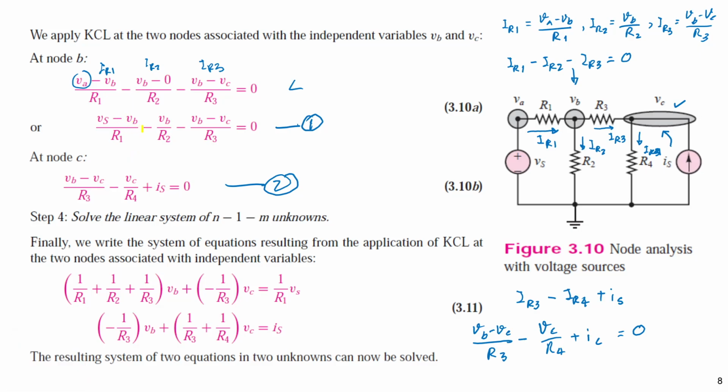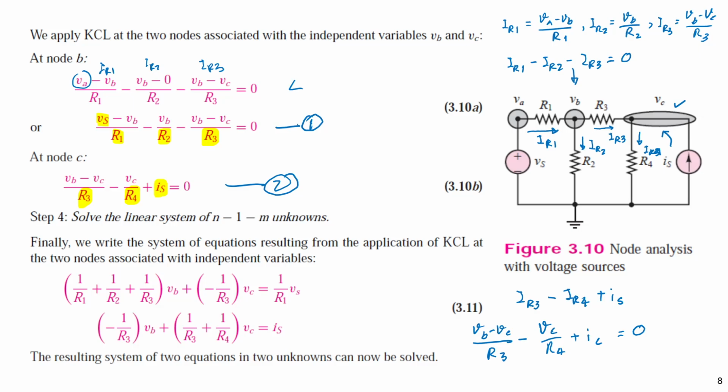So what are the known values? VS we know, R1, R2, R3, R4 we know, and IS we know as the source value. So with two equations, two unknowns, we solve for VB and VC. Similarly, we just rearrange the equations into this form.